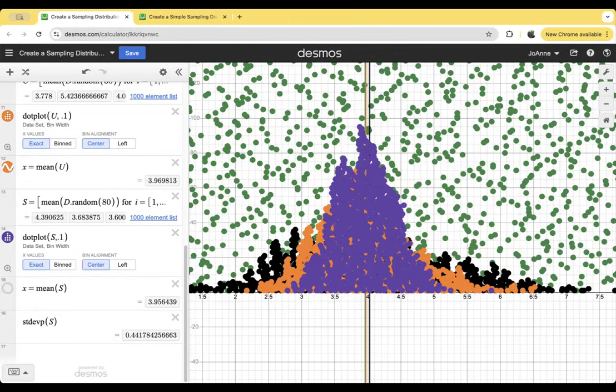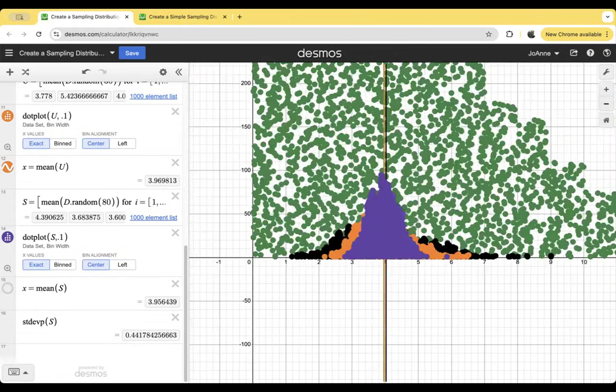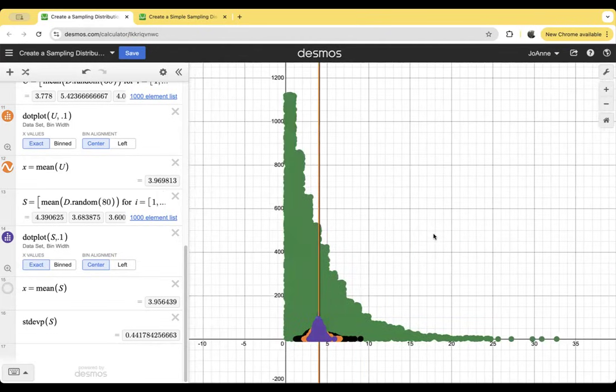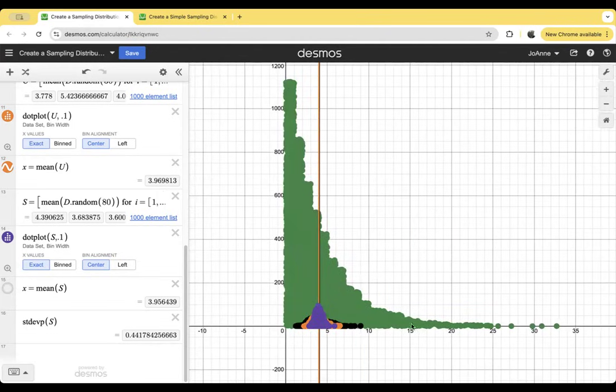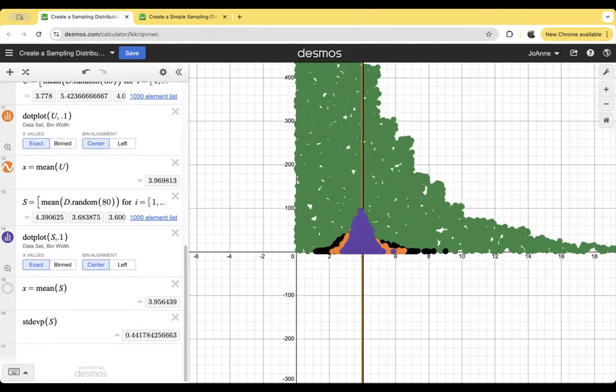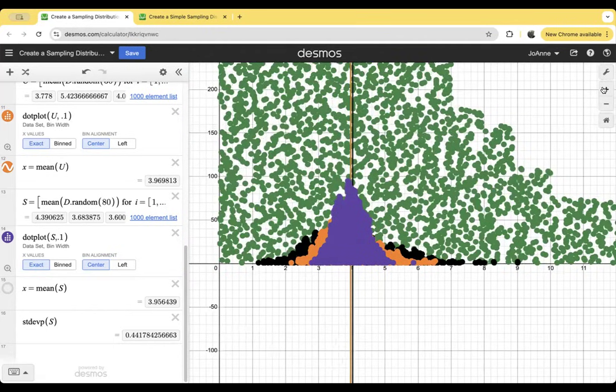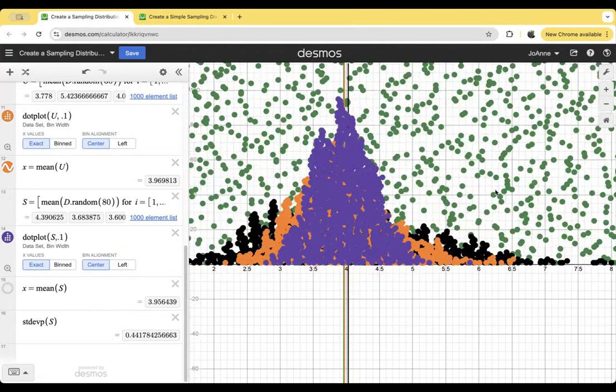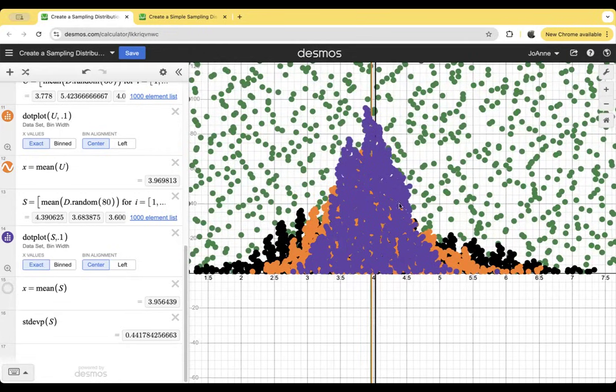Let's back up a little bit. No matter what shape population you start off with, like here we started with something that was definitely not normal, in green, once you start taking samples out of that population, the sampling distribution will automatically be normal if your sample size grows large enough. Okay, so let's go back.